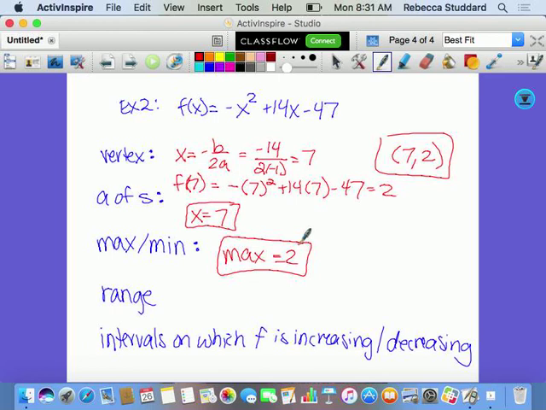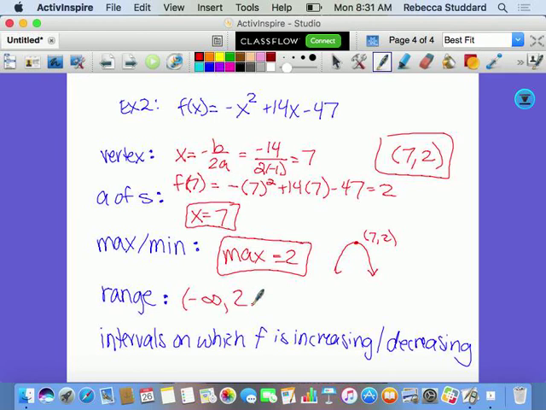Here's something we haven't talked about yet, the range. Okay, so I know that this one opens down and that this point up here is 7, 2. Range is your y values, and we go from smallest to largest. What's going to be the smallest y value? Negative infinity because of these arrows. What's going to be the largest y value?